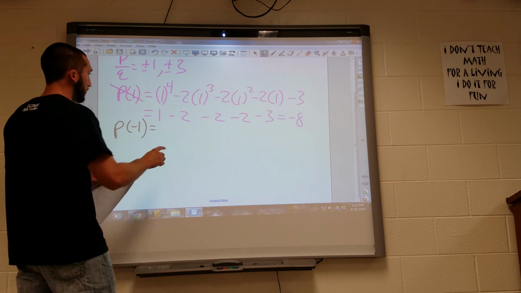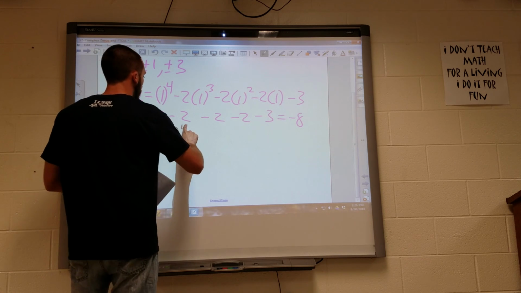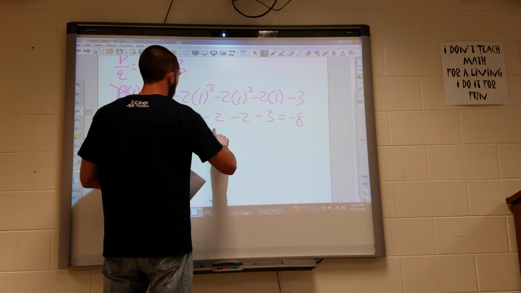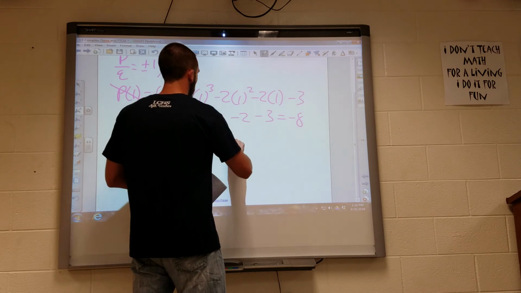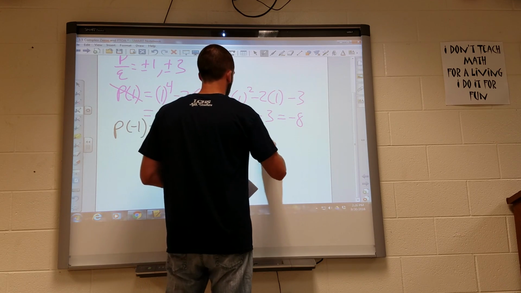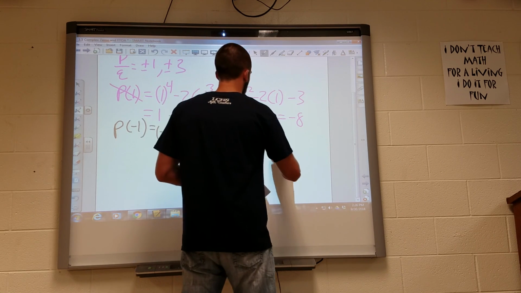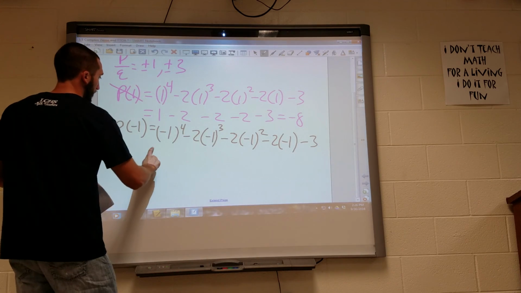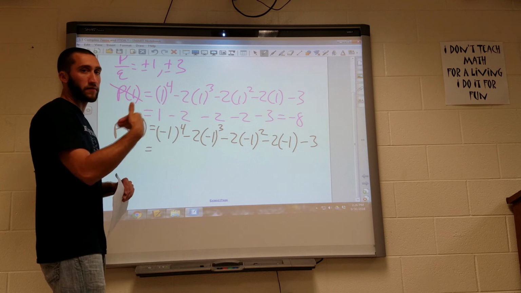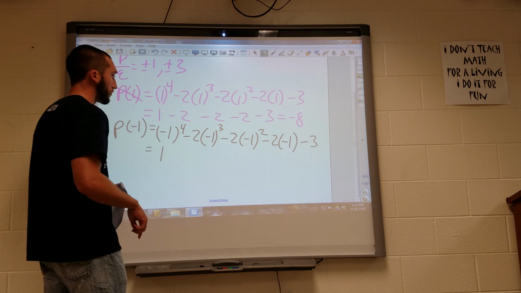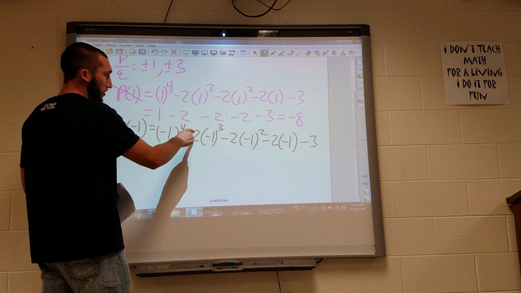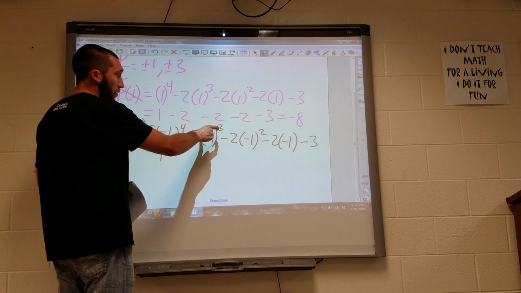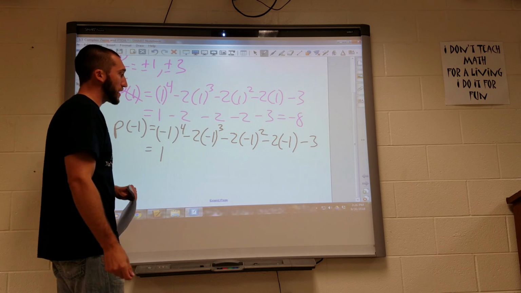So p of negative 1 is negative 1 to the fourth minus 2 times negative 1 cubed minus 2 times negative 1 squared minus 2 times negative 1 minus 3. Gives us, well, negative 1 to any even power is going to make it a positive 1. Here I have a negative 2 times a negative number to an odd power, right?